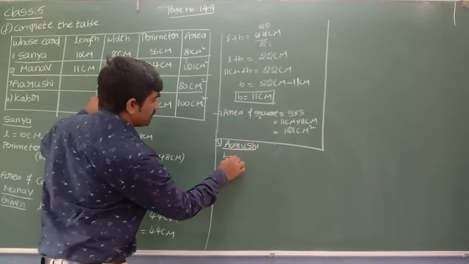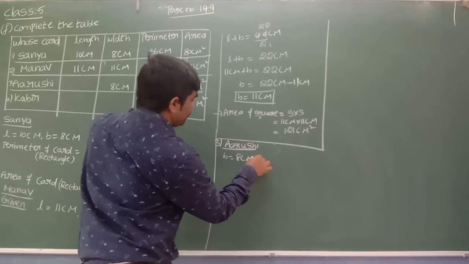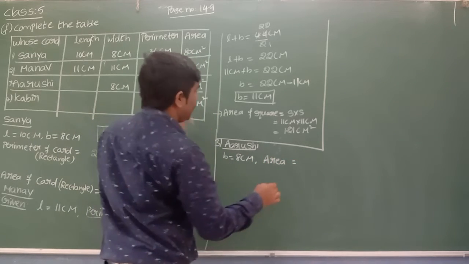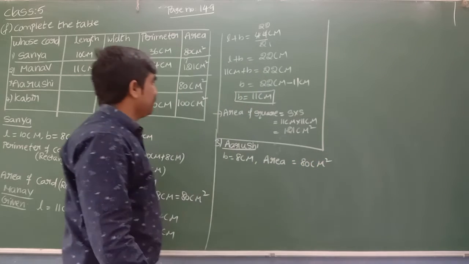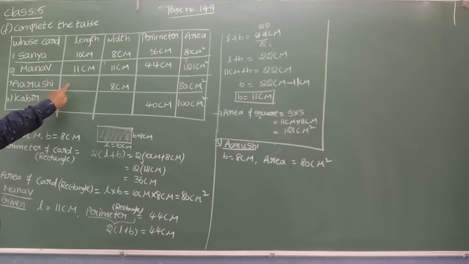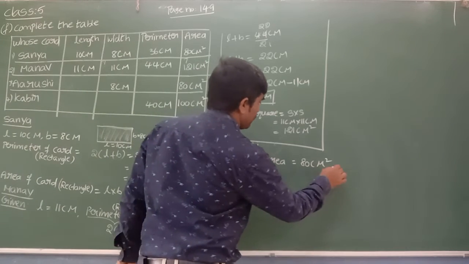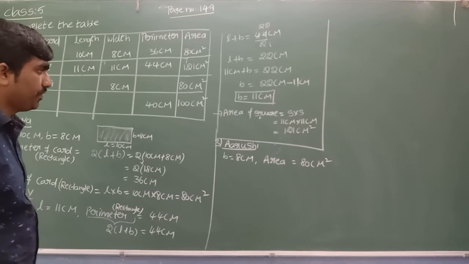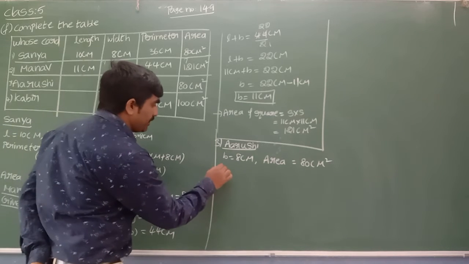The given breadth is 8 centimeters and the area is equal to 80 centimeters square. So what should I find? The length we have to find, and also we have to find the perimeter. Yes. Now we'll write the perimeter formula here.